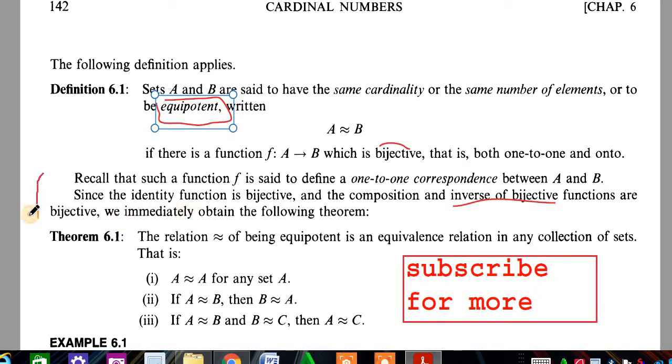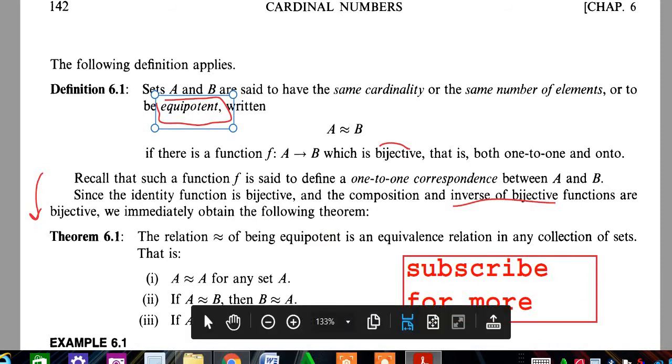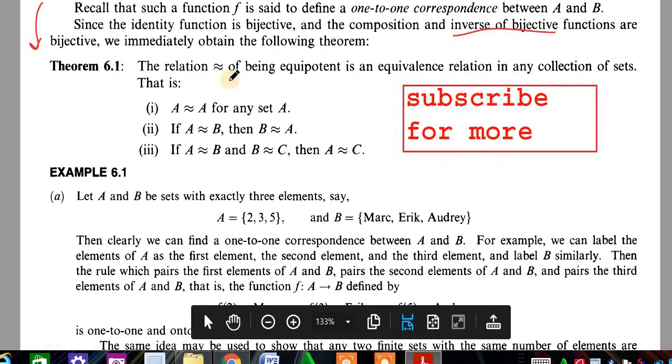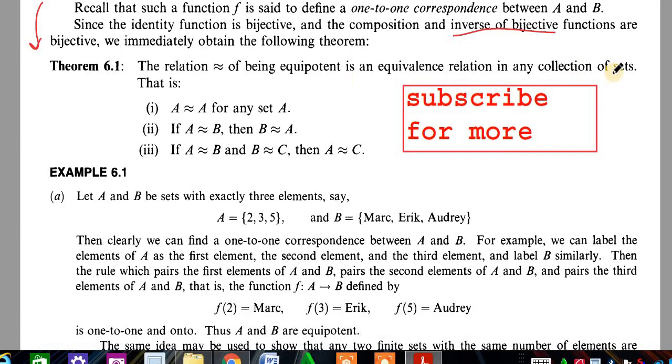From here we can immediately obtain this theorem. The relation of being equipotent is an equivalence relation in any collection of sets, that is, A is equivalent to A for any set A.